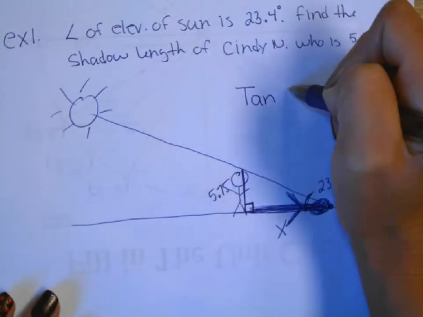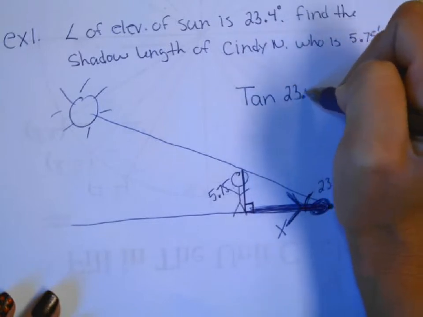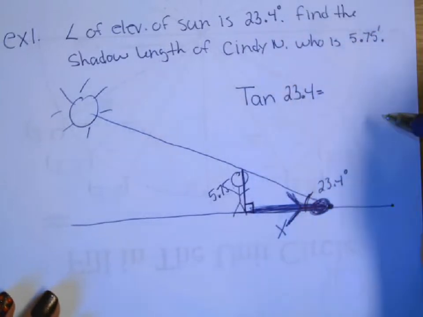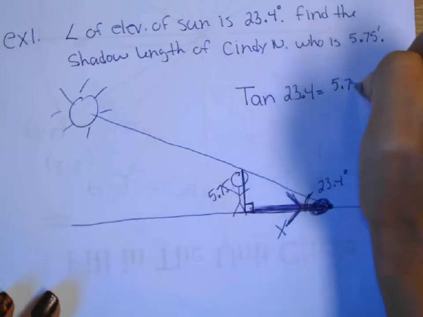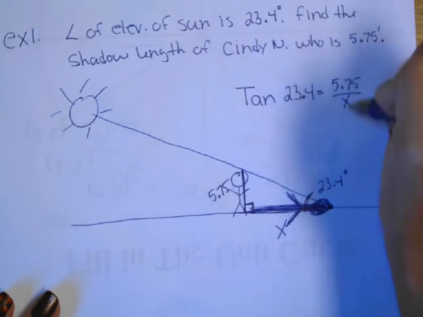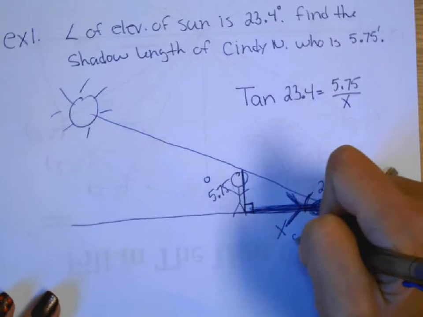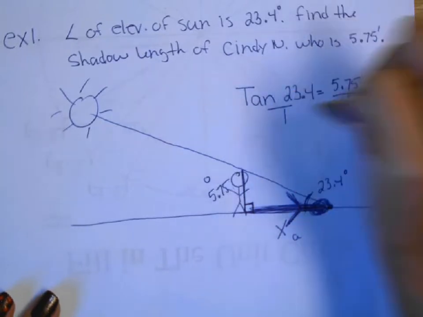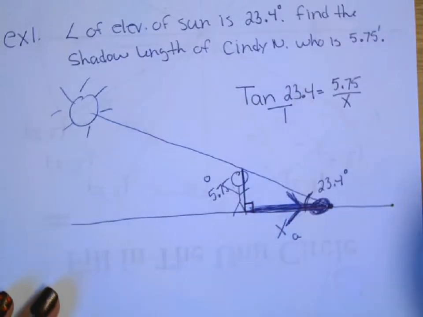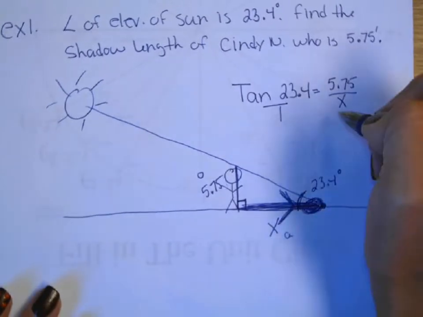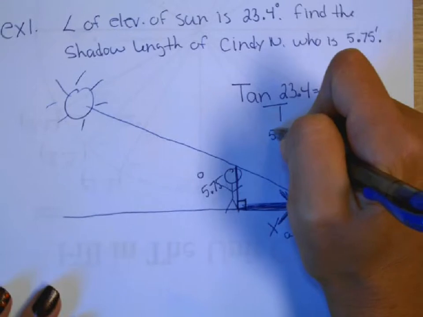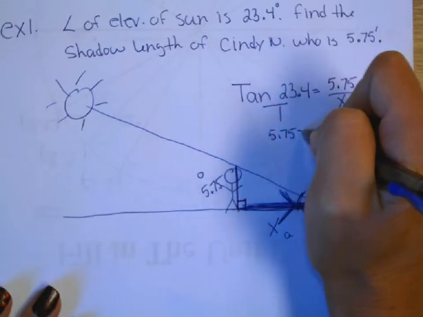The tangent of 23.4 equals, and then set up the right ratio. What should the ratio be? 5.75 over x. Yes, opposite on the top over the adjacent. If you need to, label it opposite and adjacent. Put a 1 under here so I can see what's getting multiplied. And now it's cross products. So 5.75 is getting multiplied by 1.